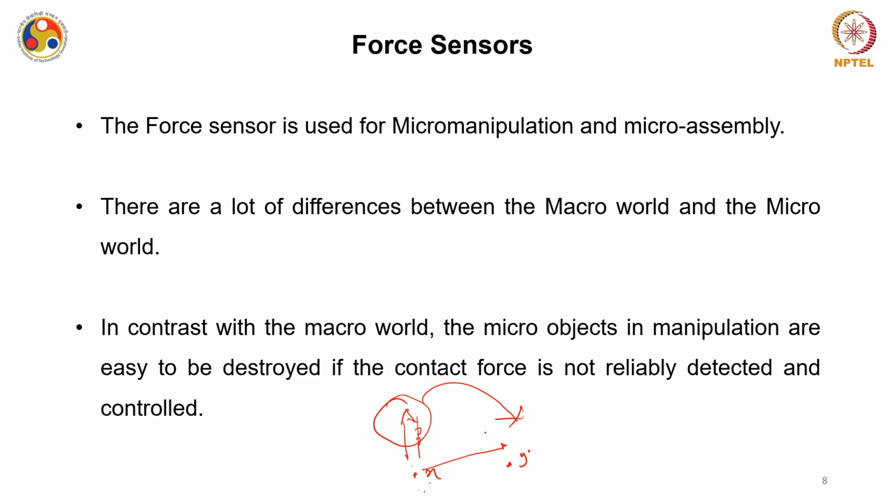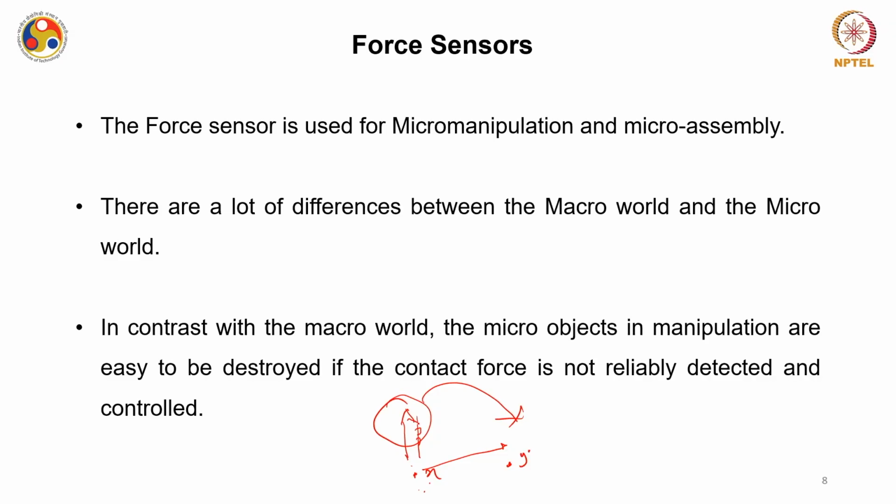The first is the gripping force. If I want to grip this pen with my hand, or say with a robotic hand, I should know what amount of force I will exert on this pen, so that this pen is not destroyed. If I press it very hard, it can be crushed, or if I apply a large force, this pen will be destroyed.